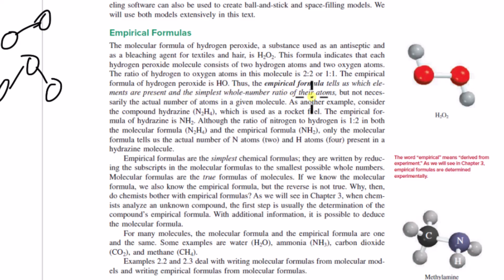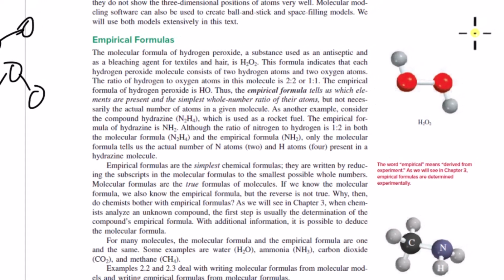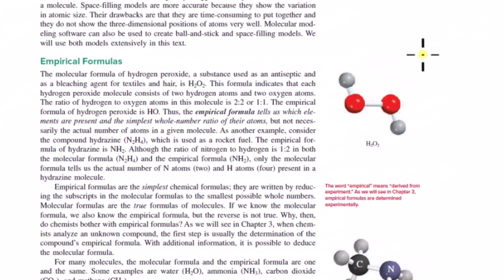Thus, the empirical formula tells us which elements are present and the simplest whole number ratio of their atoms, but not necessarily the actual number of atoms in a given molecule. So the chemical formula gives you information: first, the types of atoms, the types of elements that are present.